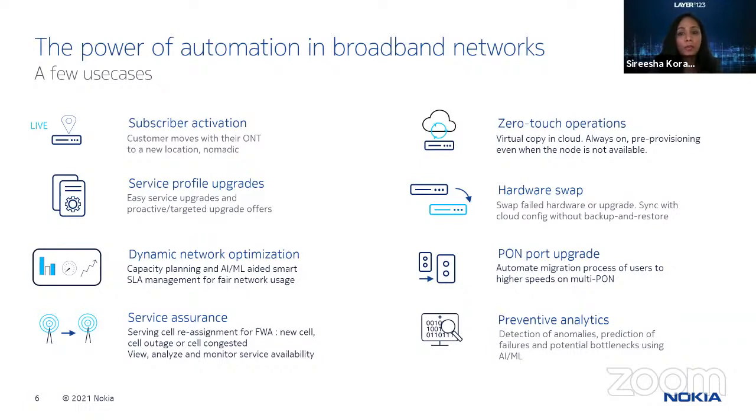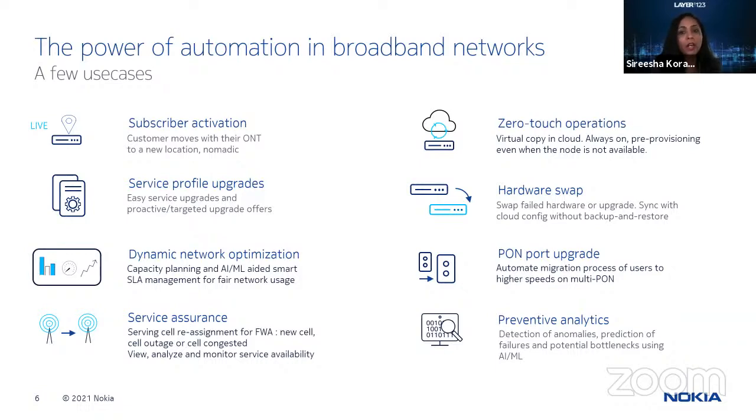This allows operators to deploy services with agility and reduced OpEx, combined with zero-touch provisioning and operations, which is possible because of the always-on view of the network in the SDN controller. This has become even easier to do, with subscriber activation without any provisioning, with everything being zero touch.